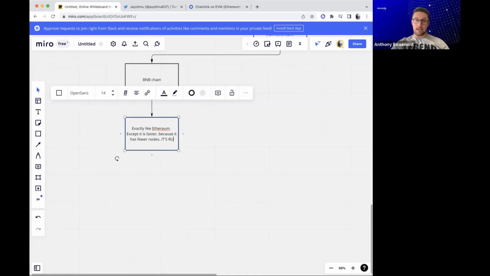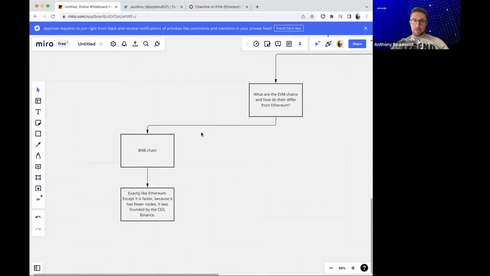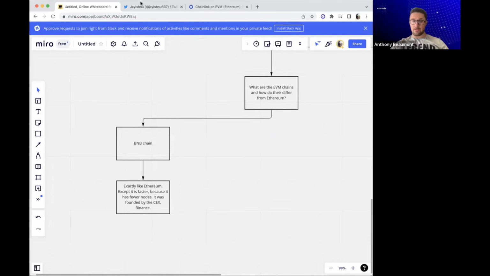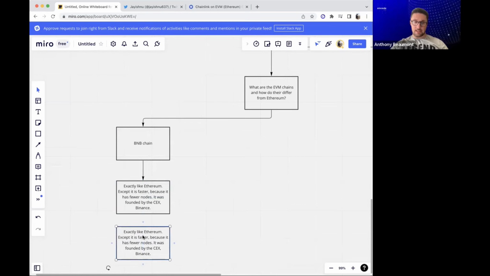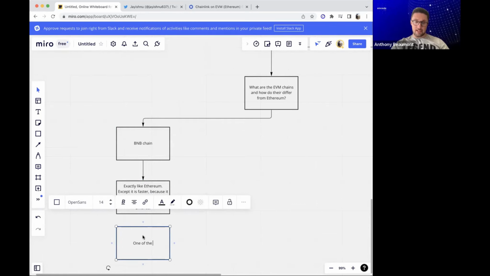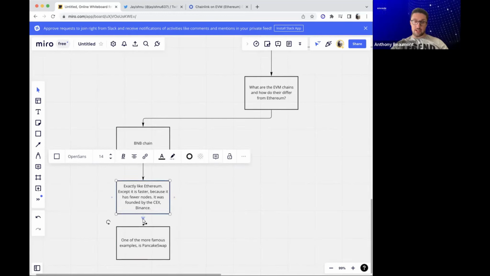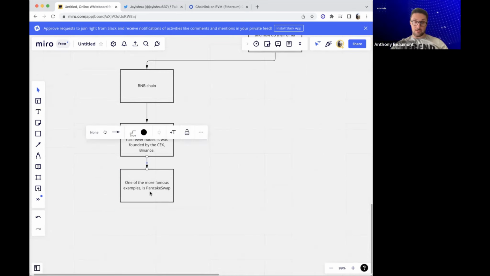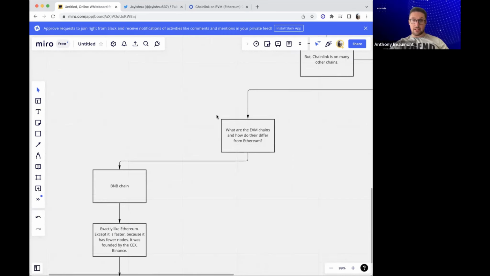It was founded by the centralized exchange Binance. So that is BNB chain. So again, no reasons why you couldn't do something like Chainlink on it. And one of the more famous examples is PancakeSwap, which uses Chainlink, and is a fork of Uniswap. So that is BNB chain.